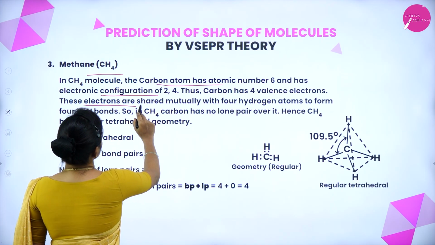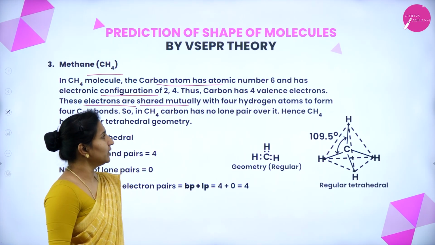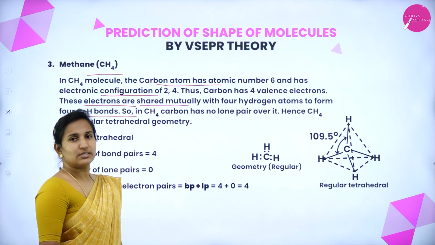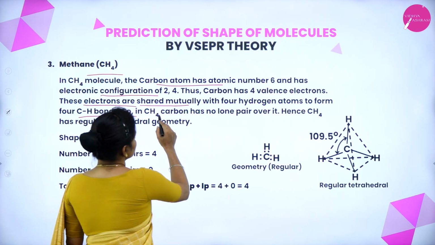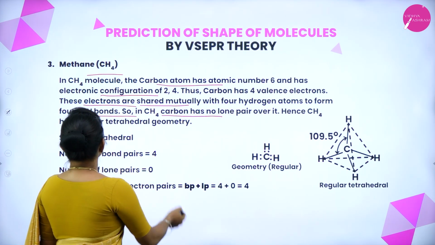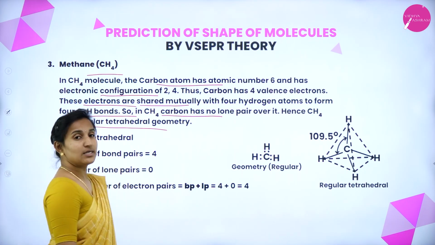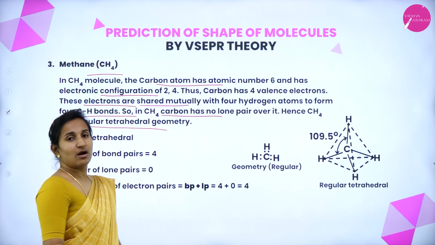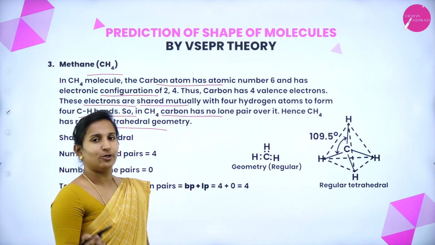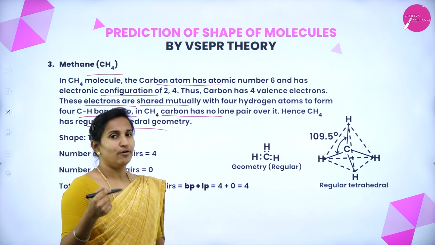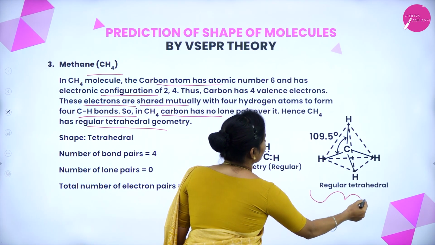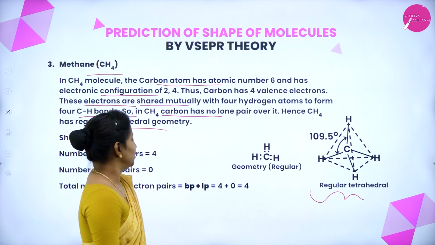These electrons are shared with the 4 hydrogen atoms to form 4 C-H bonds, and CH4 has no lone pair electrons over it, hence methane has a regular tetrahedral geometry. Here also there is no lone pair electron, the bond pair electrons are 4, the total number is 4, and the shape is regular tetrahedral.